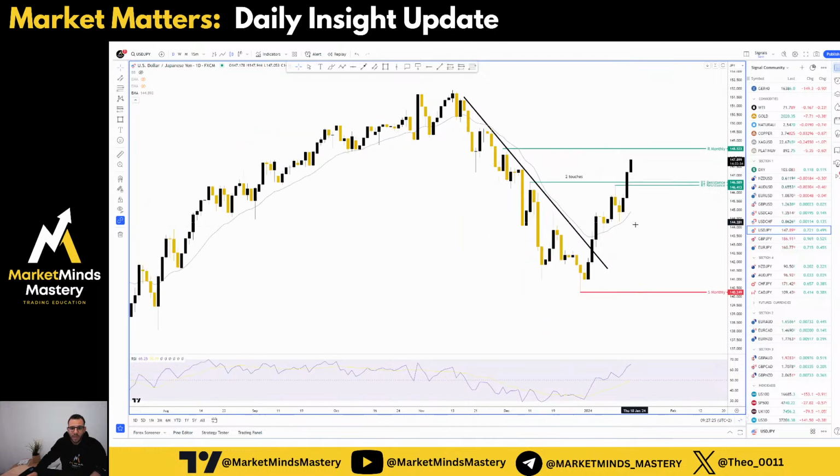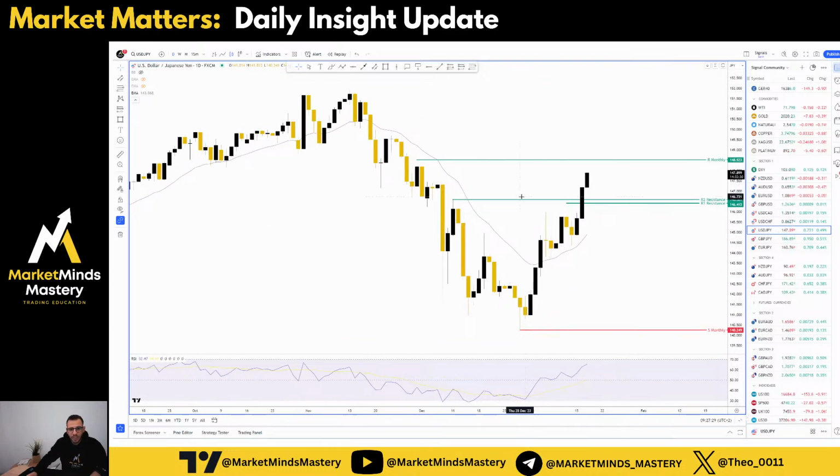USD JPY, of course, this market is in an uptrend. As we explained in another webinar, price made a higher high. This high was higher than this one. Then it retraced with very light volume, and you see this one here. And then we spot this hammer at the 20-period moving average, a lucrative opportunity.